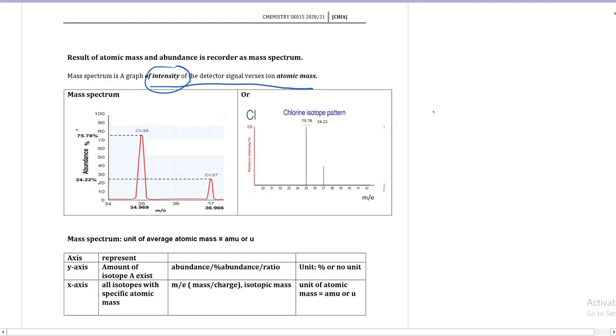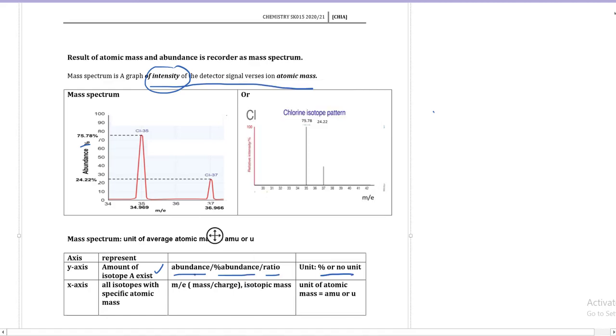Let's say in mass spectrum 1, the y-axis represents the amount of isotope, so it can be written as abundance, percentage abundance, or ratio. The unit for the y-axis can be percent or no unit. No unit means they're using the ratio.